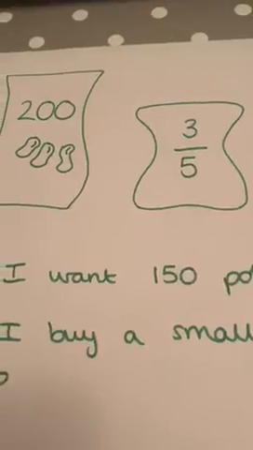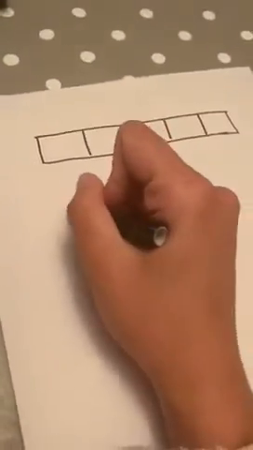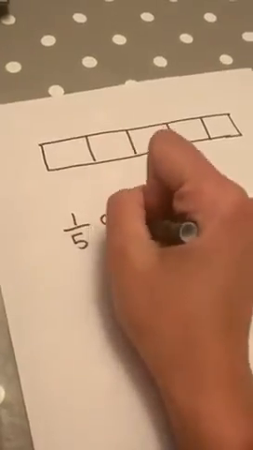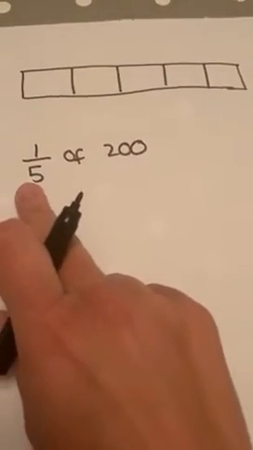So, let's think. How am I going to work out what 1/5 of 200 is? Talk to the person next to you, hopefully a grown-up, and see how you're going to work this out. How am I going to work out 1/5 of 200? Okay, so we're going to divide by 5.